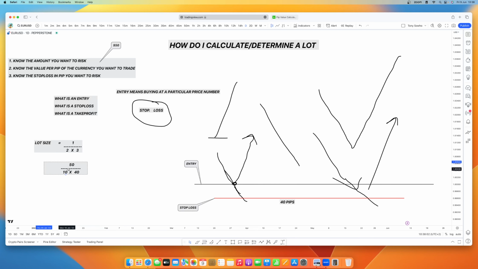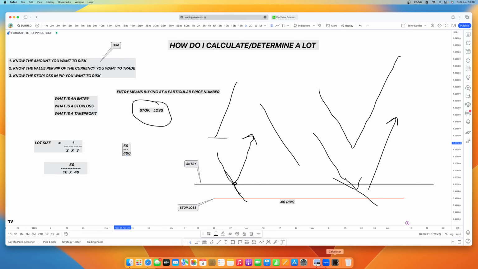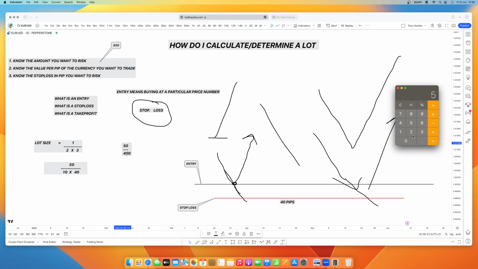That's going to be 50 divided by 10 times 40, which gives us 400. Exactly. So now come again to the calculator and we do 50 divided by 400.